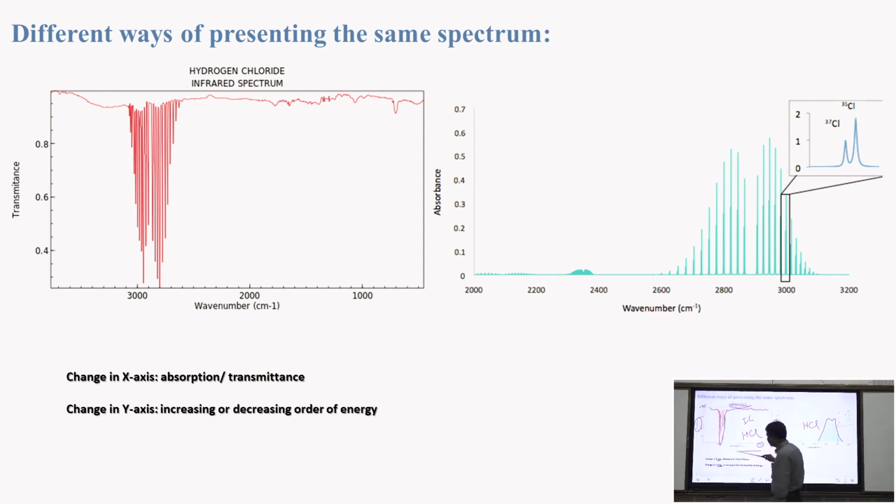From this to this, the energy level increases like this, wave number. And here, the energy level is increasing like this. So that's why both this axis and this axis changed, and that's why the same spectrum looks different. So first thing is that you should be used to seeing the axis caption. What is that? That is very important in spectroscopy.